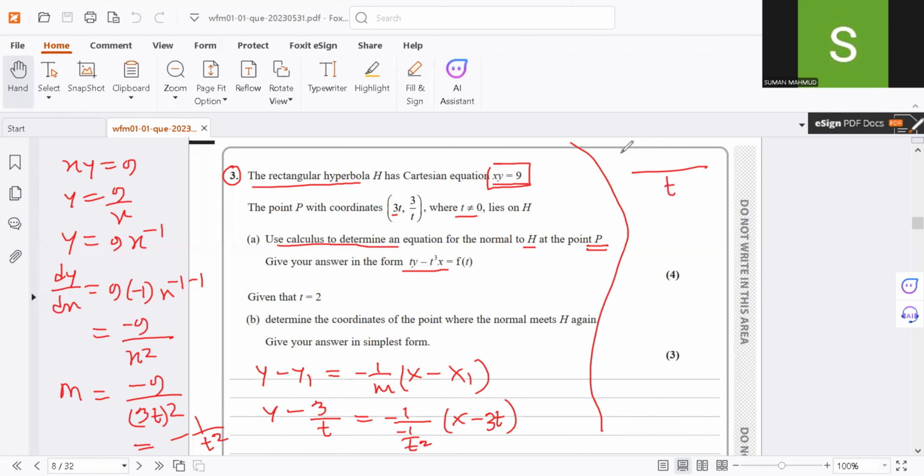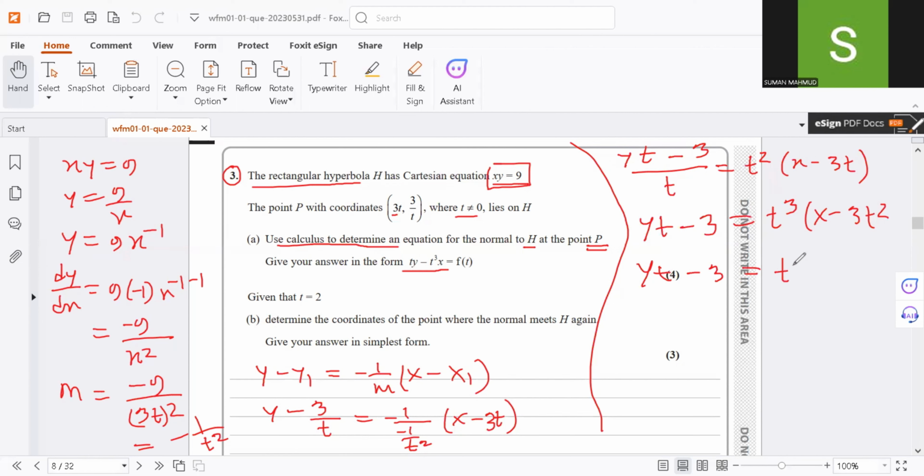Take the LCM, so we can write (yt minus 3)/t equals t squared (x minus 3t). The t cancels out, so yt minus 3 equals t cubed x minus 3t to the power 4.